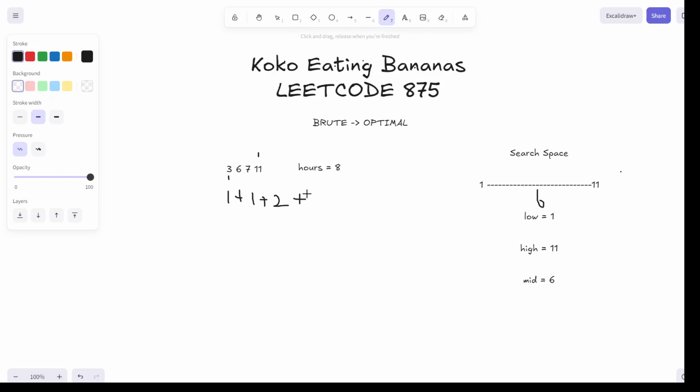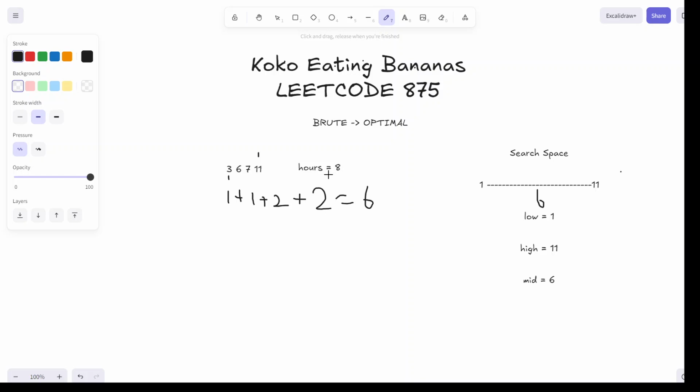No doubts. It is hard, but try to understand it. So the total number of hours came out to be 2 for 7, 2 for 11, and 1 each for 3 and 6, so 6 hours. So 6 is lesser than the target.